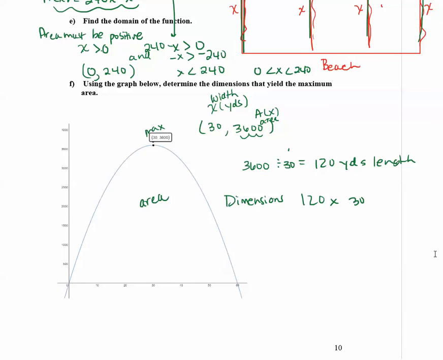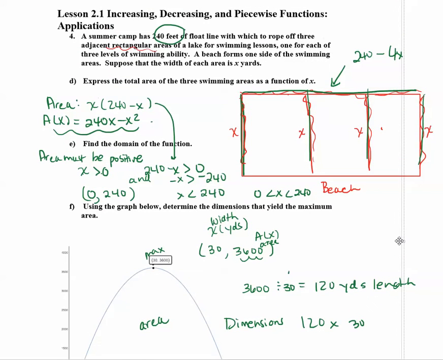So if we go back to our diagram, each of these partitions would be 30 yards, which should leave us with 120 yards of rope for that horizontal length. And if you add up 30, 30, 30, and 30, you get 120, and 120 plus 120 does equal 240 feet of float line.